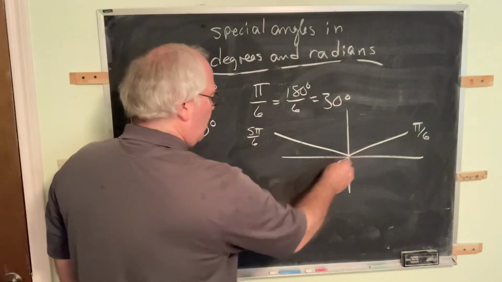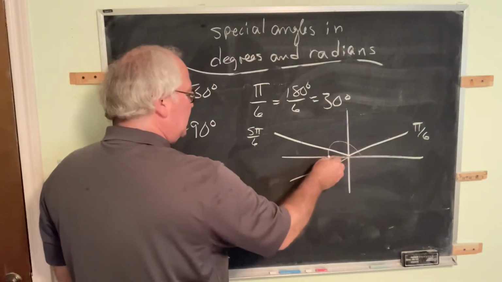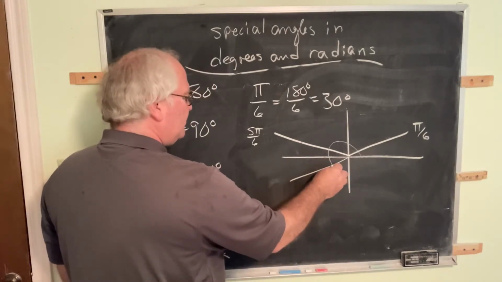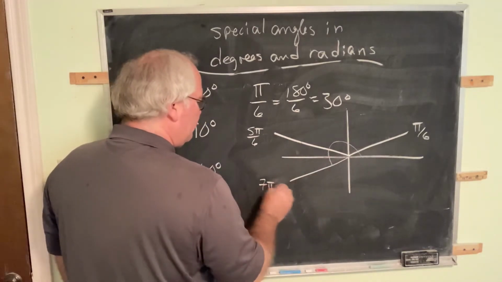Now what if we put it in quadrant 3? Well, this is now 6/6 plus an additional 1/6. 6/6 plus 1/6 is 7 pi over 6.